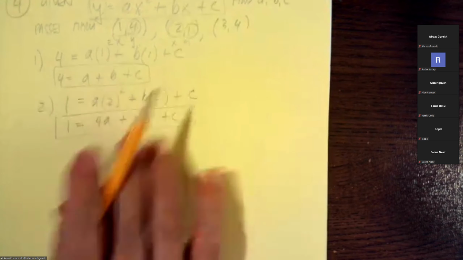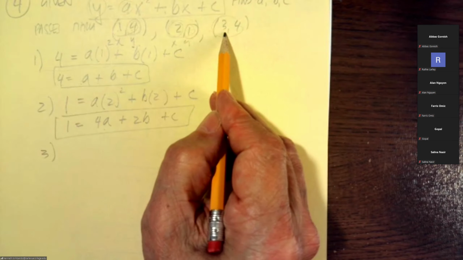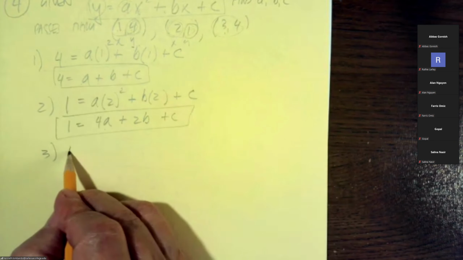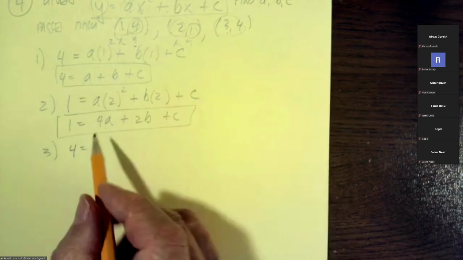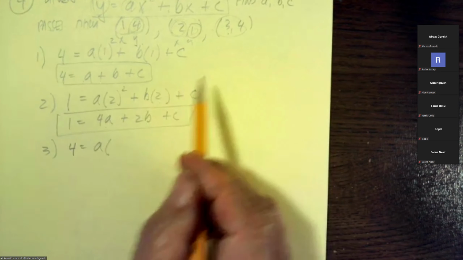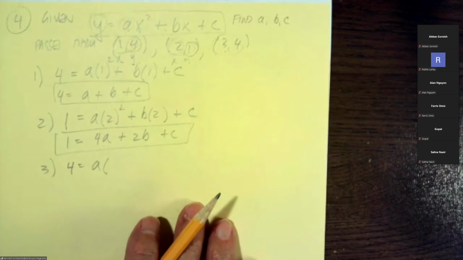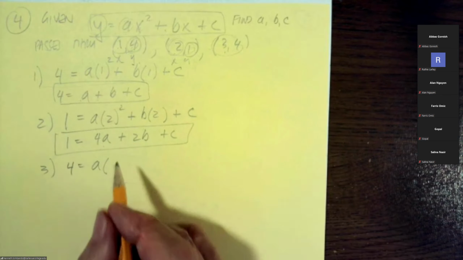And now we need the third equation. So we use the points 3 and 4. So here we say 4, the y value, equals a times x. And x is going to be what? 3.